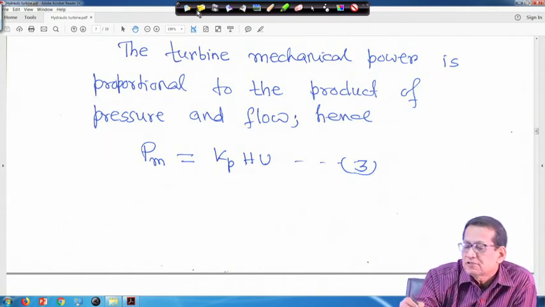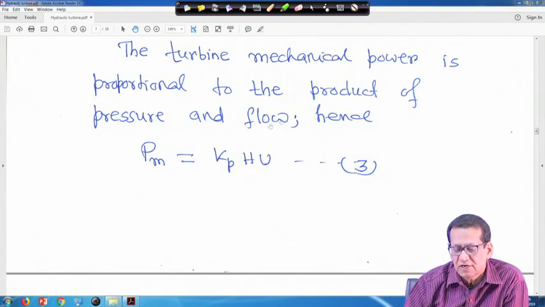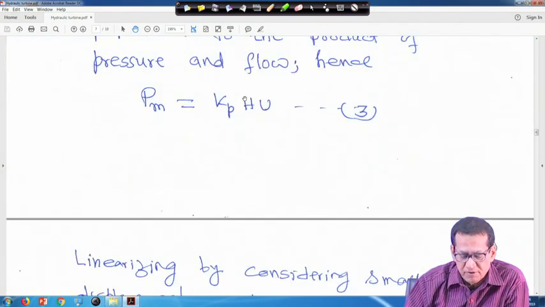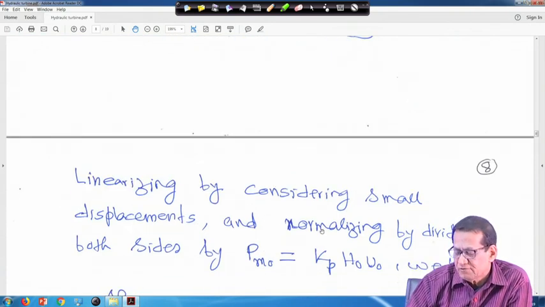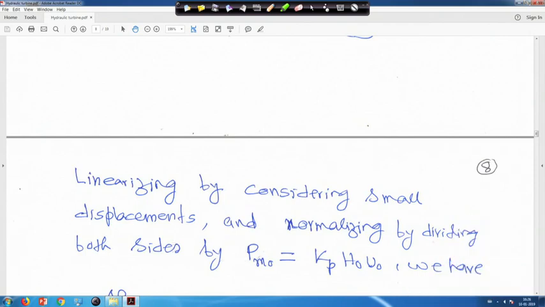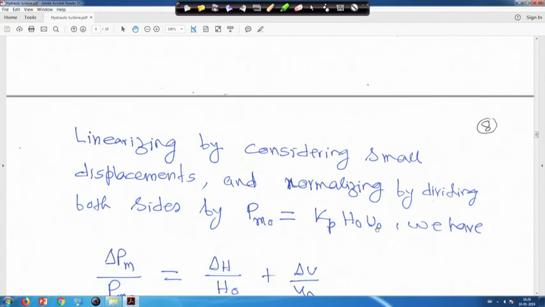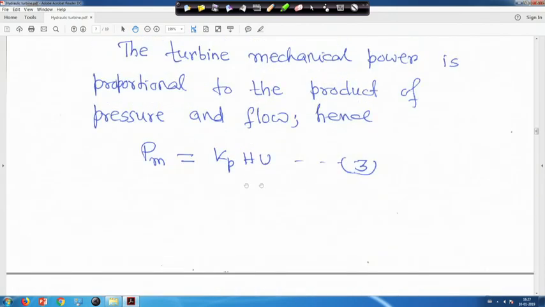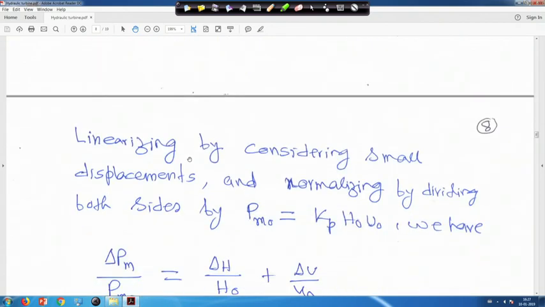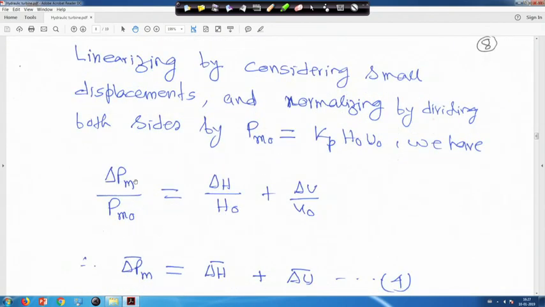So, here also you take delta P m, right. For linearizing, you linearize by considering a small displacement, and again you have to normalize by dividing both sides by P m 0 is equal to K p H 0 U 0, just now I showed you, right. Therefore, if you linearize and then normalize, delta P m upon P m 0 will be delta H upon H 0 plus delta U upon U 0.